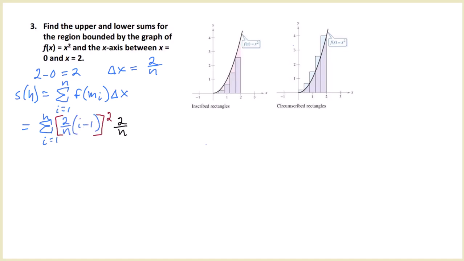And look what I'm having to do again. For the lower sum, I'm using the left-hand side of the inscribed rectangles. That's why it has to be i minus 1. And so I've got 2 over n as my delta x.